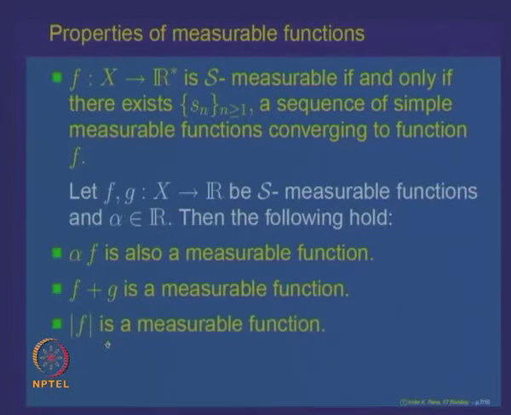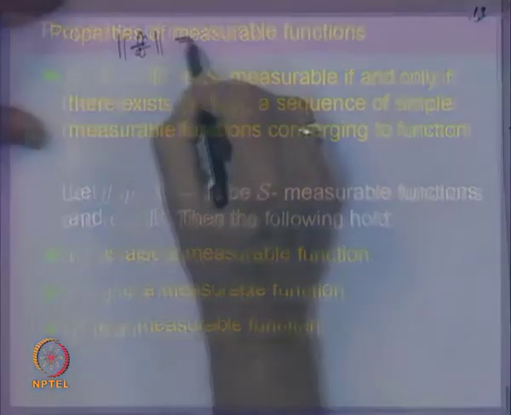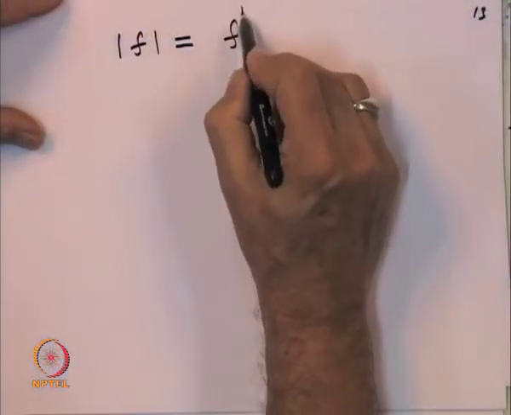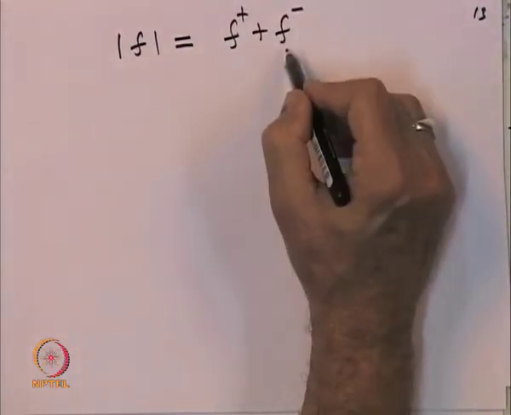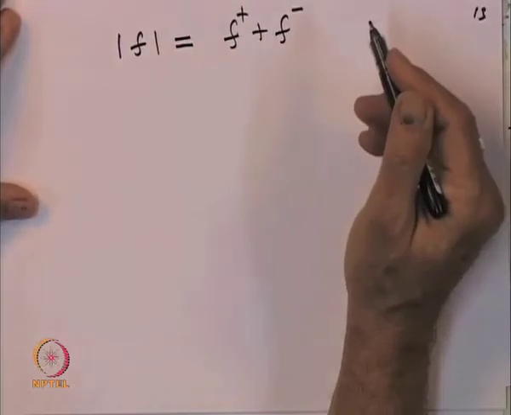Let us look at the next property. If f is measurable, then mod f is also measurable. Why is mod f measurable? You can look at it in two different ways. Now, we have enough techniques to conclude this. Either we can write mod f is equal to f plus plus f minus. This is an observation which will play a role later on also.